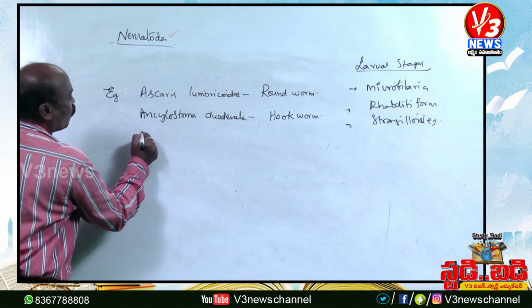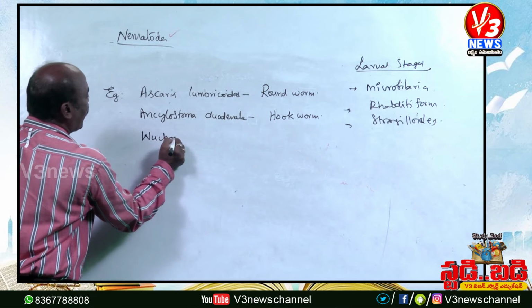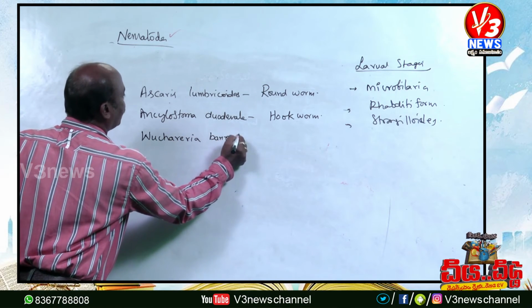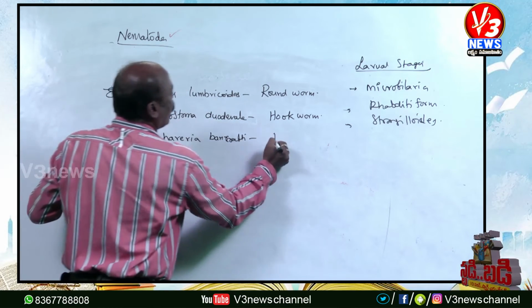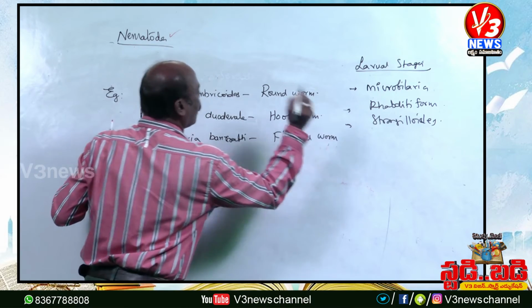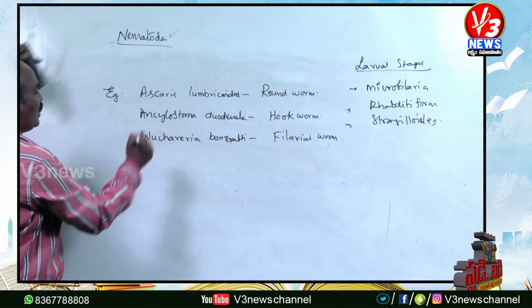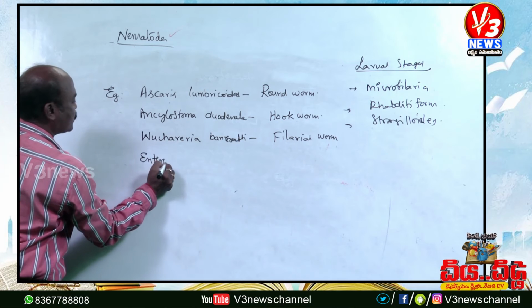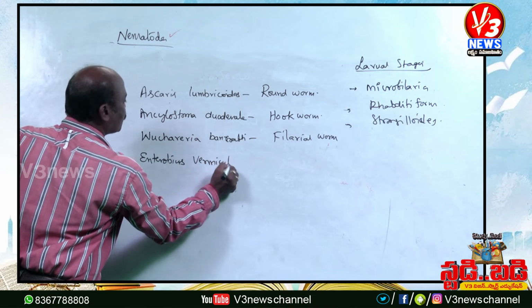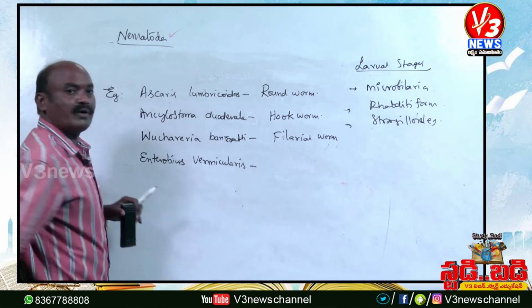Then Wuchereria bancrofti. It is commonly called filarial worm. Then Enterobius vermicularis.